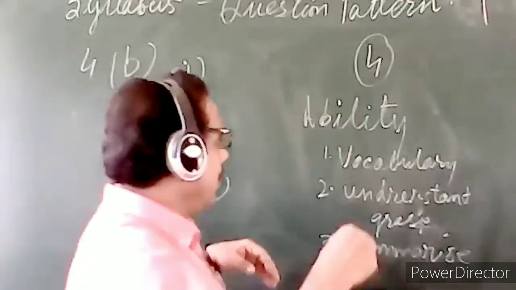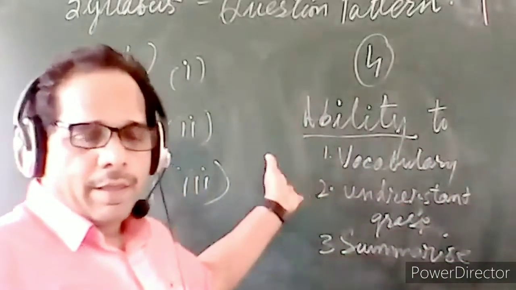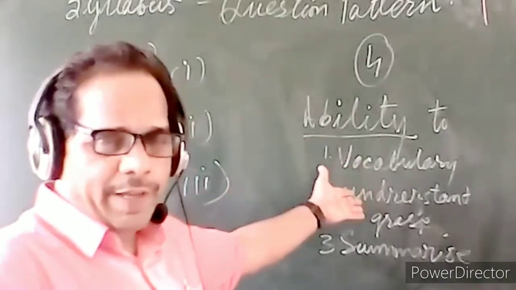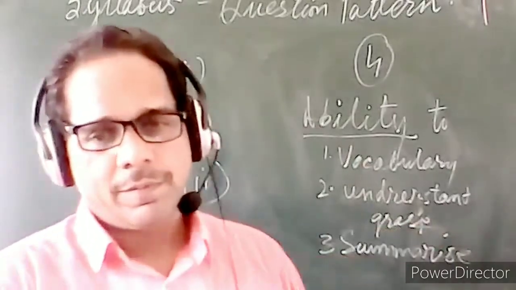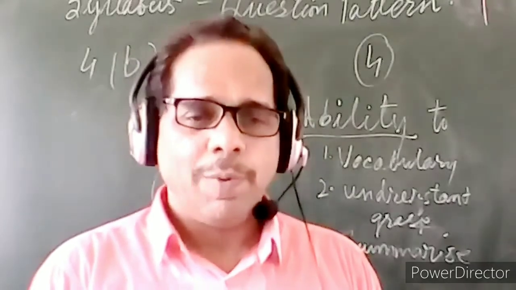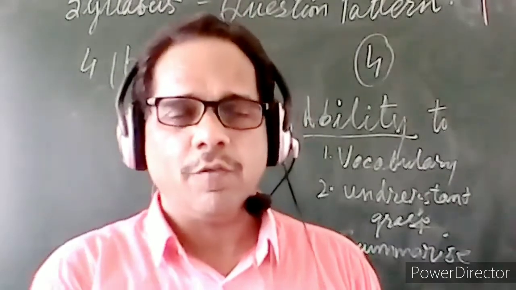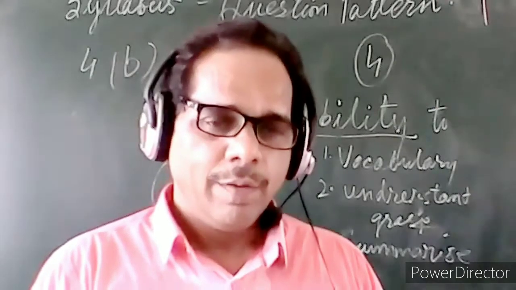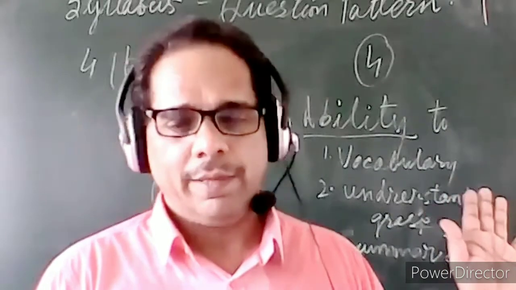So they are checking your ability to grasp vocabulary, your ability to understand or grasp the passage, your ability to summarize. 3 things. First, your ability of vocabulary. How able are you in handling words? That is, to find a word of similar meaning and to write a sentence without changing the word but having different meaning. Your ability of vocabulary.